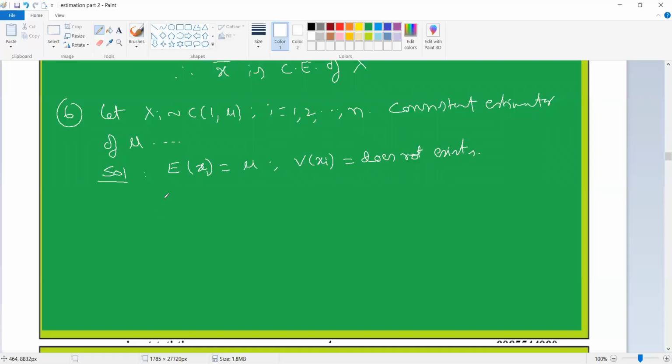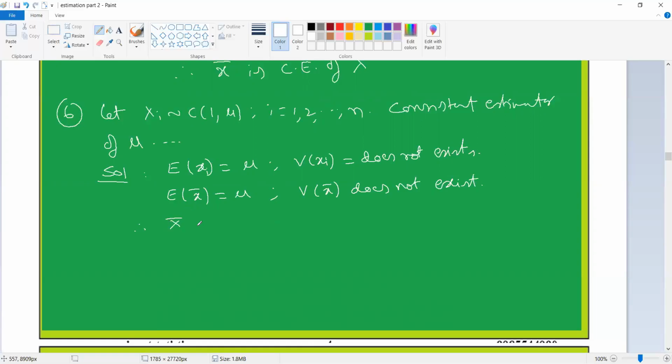Expectation of a function of sample observations, U of x bar, is equal to mu. Variance of x bar does not exist. Therefore, we cannot apply the sufficient condition for consistency.